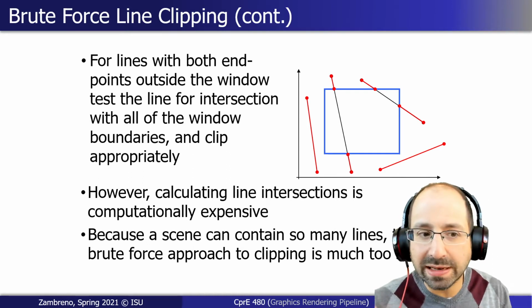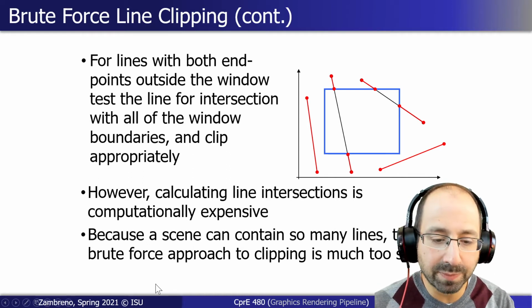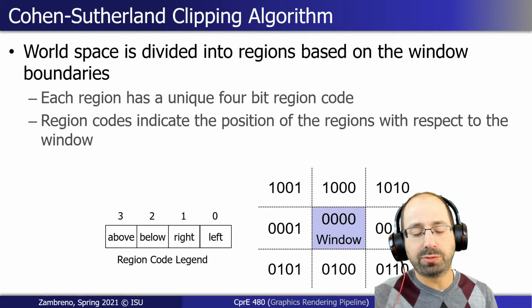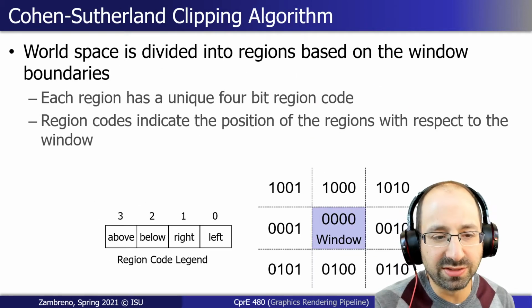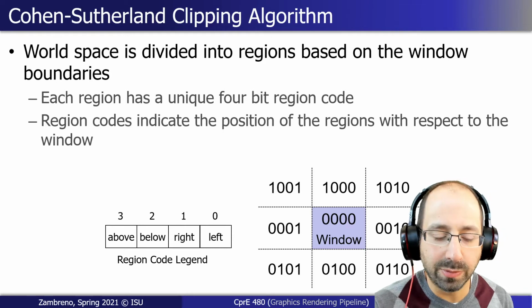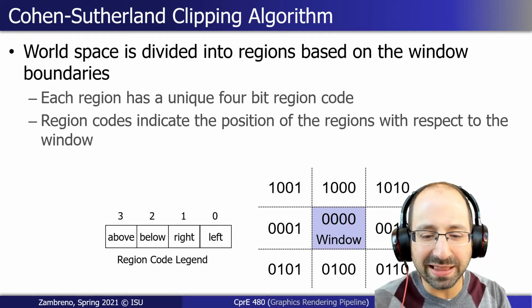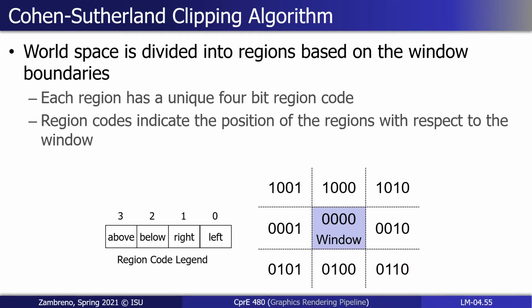So one of the fundamental algorithms for clipping, specifically for line clipping, but there are variations of it for other primitives as well, is the Cohen-Sutherland clipping algorithm. And I think when you read about historical innovations in computer graphics, or just computing in general, your takeaway can often be, well, that's obvious.